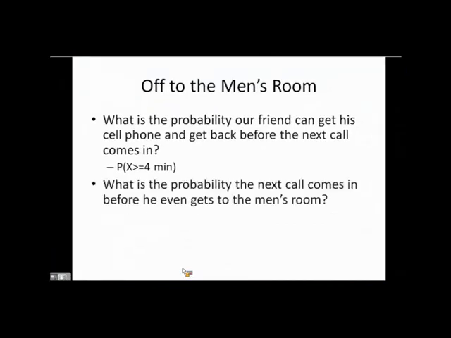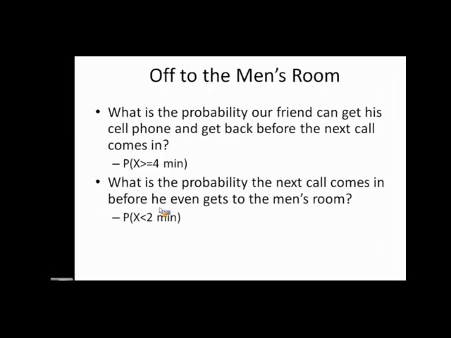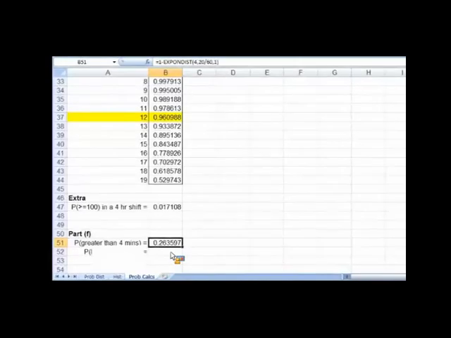And then what about the probability that the next call is going to come in before he even gets to the men's room? In this case, we're saying what's the probability that x is less than 2 minutes, or again, less than or equal to 2 minutes. Here we just say equals EXPON.DIST, because we want less than 2, comma, again, 20 over 60 to convert lambda into calls per minute instead of calls per hour, comma 1.